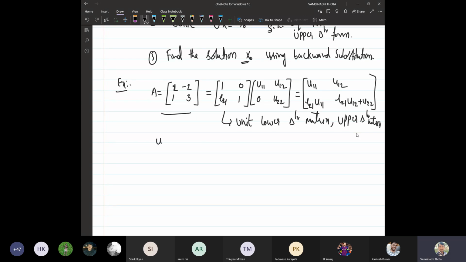What you will get? U11 is equal to 2, U12 is equal to -2. We have obtained these directly. Then the third one, L21 times U11 is equal to 1, and the fourth one, L21 times U12 plus U22 is equal to 3.